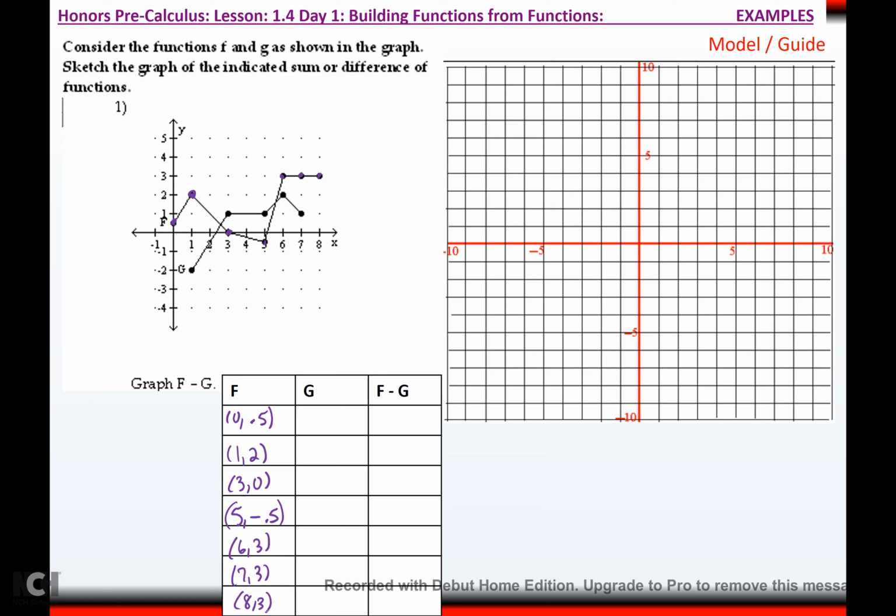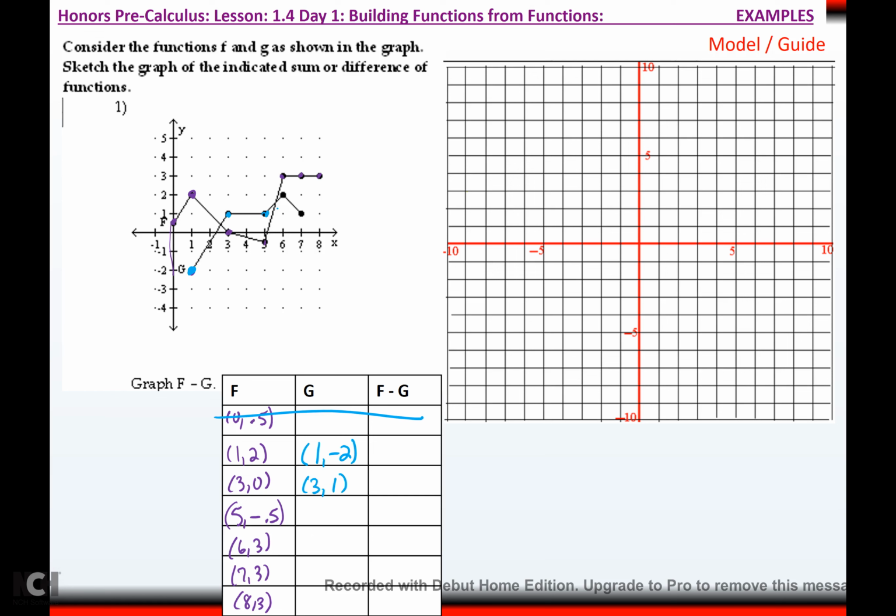Okay, so now if I line up the other ones, you see how G, the first point for G, let me change colors. The first point for G has an x-coordinate of 1, so I'm going to record that one here, 1, -2. In other words, I'm not going to use the ordered pair at 0 because G doesn't have a point that lines up with it. Okay, my next ordered pair is 3, 1.